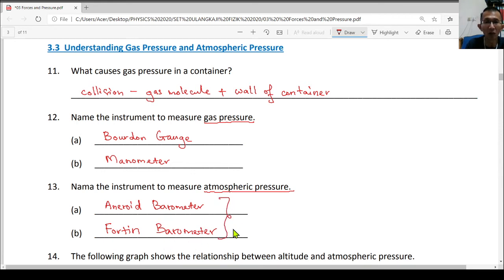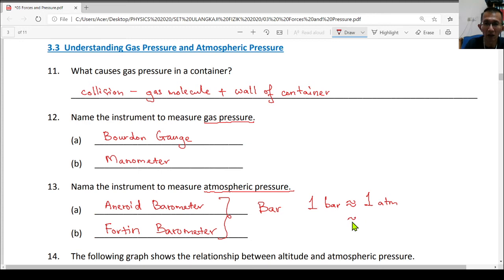This barometer comes from this unit, bar. Bar is a unit that we use to measure pressure, whereby 1 bar is about 1 atmosphere.